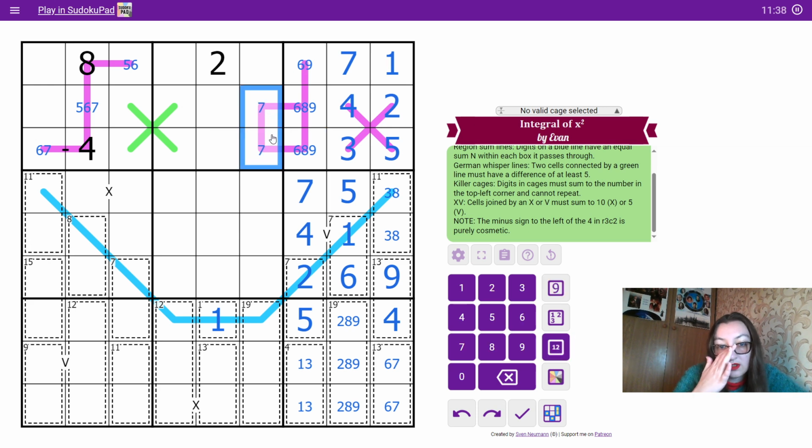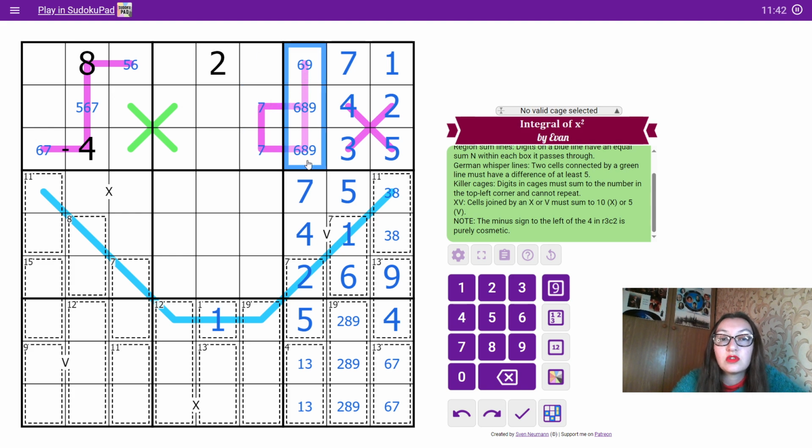So we have a 7, and we need to have a 5 because those digits are consecutive and they have a 9. So 9, 8, 7, 6, 5. Not in that order, obviously, but on the line we have a 5 that disambiguates this pairing.